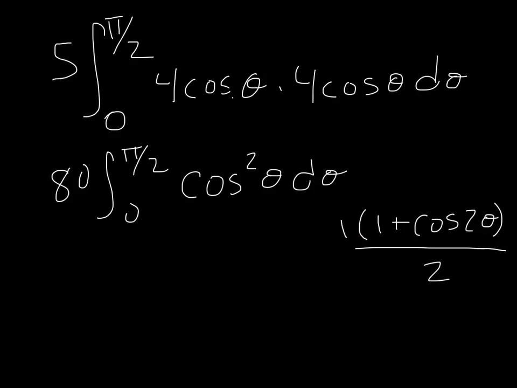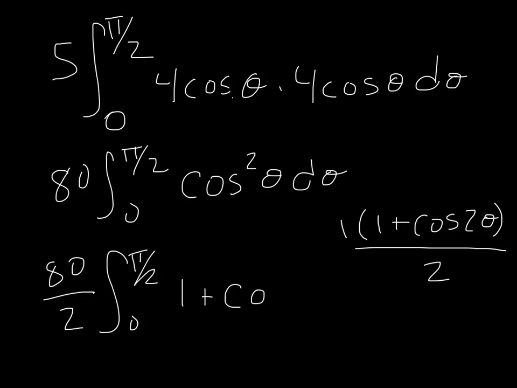So we could pull that out, and we'll have 80 divided by 2, integral between 0 and pi over 2 of 1 plus cosine 2 theta d theta. As we know, we can make a separate integration. So 80 over 2.